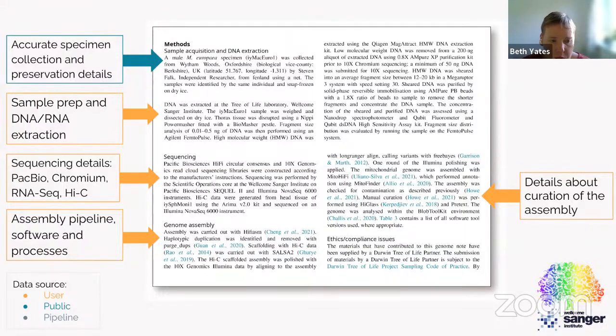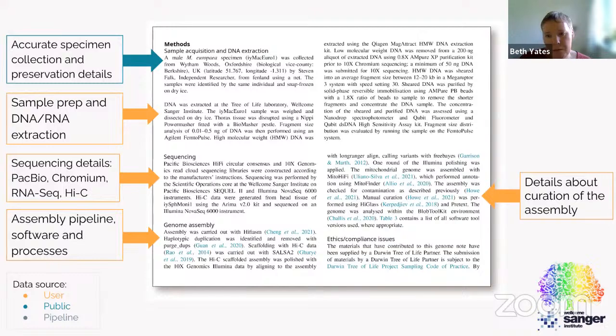We give some information about the sequencing and the assembly pipeline software and processes that we used. At the moment, a lot of this information is provided by the Genome-Note editor, because it can be quite varied depending on the type of sample that's being processed and the genus that it belongs to. So we might use different extraction methods for plants as opposed to for a mammal.